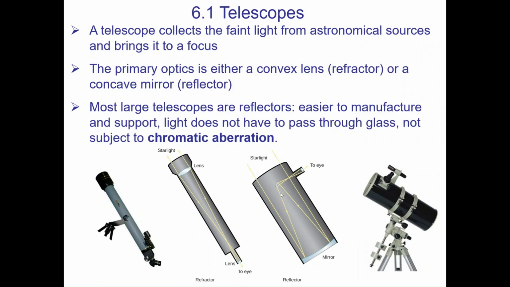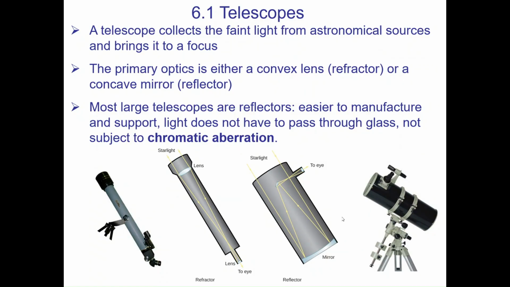Because the mirror reflects the light, if you put your head in front of the tube, you will block the focus or image formed by the mirror. Your head will block most of the incoming starlight. So for ease of observing the image, we use another mirror to redirect the image to the side. This way you can see the image formed by the reflector from the side.